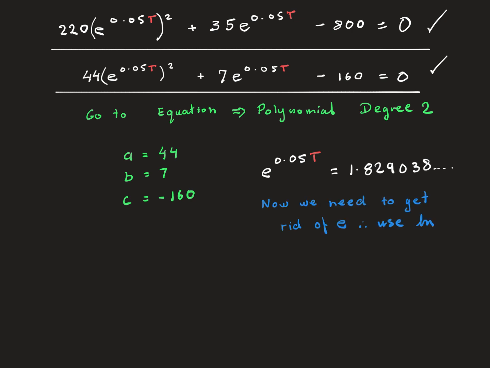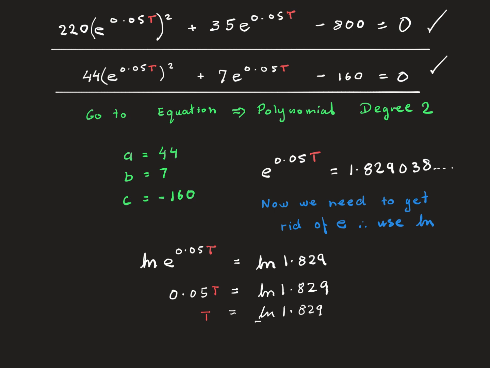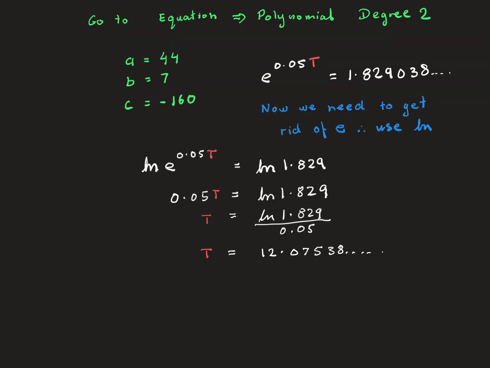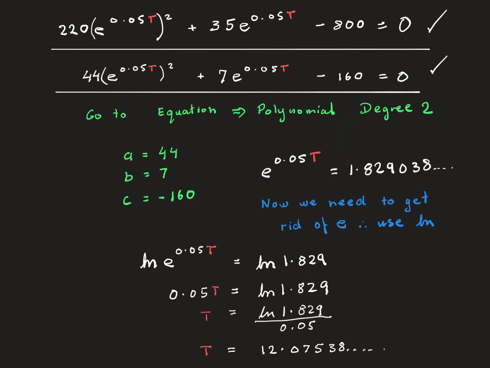Now we're going to get rid of e, so we have to use the natural log, and so t is equal to ln 1.829 divided by 0.05. And we wanted two decimal places, so t is going to be 12.08.